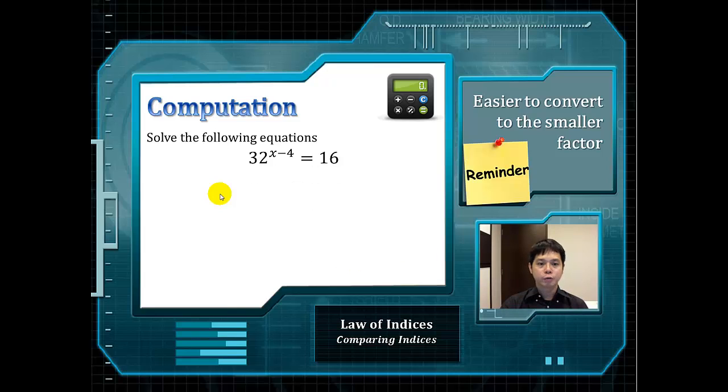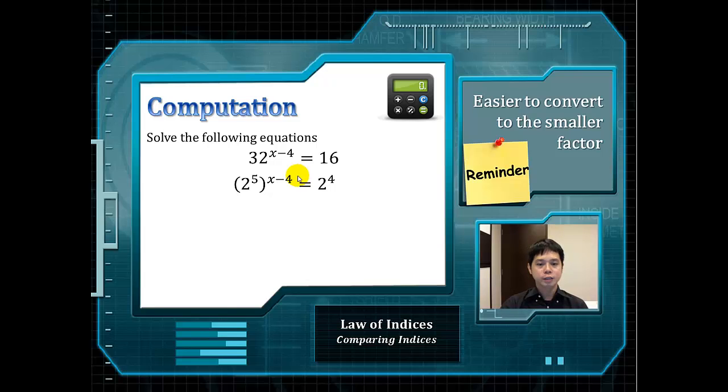To solve the following equation, can you think of a common base to convert to? You will notice that base 32 and base 16 both have factor 2, and we can convert 32 to 2 to the power of 5 and 16 to 2 to the power of 4. And hence, on the left hand side, we have 2 to the power of 5 to the power of x minus 4. On the right hand side, we have 2 to the power of 4.